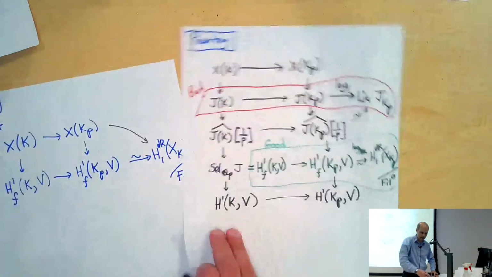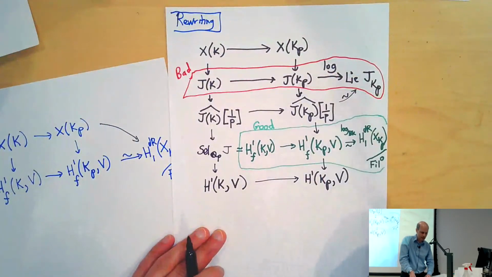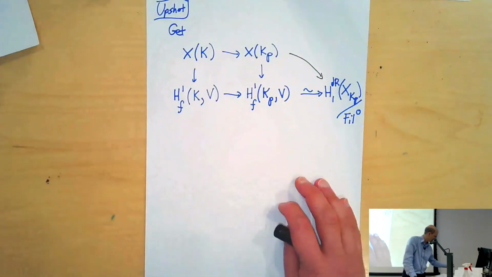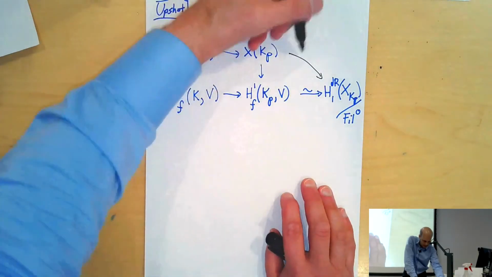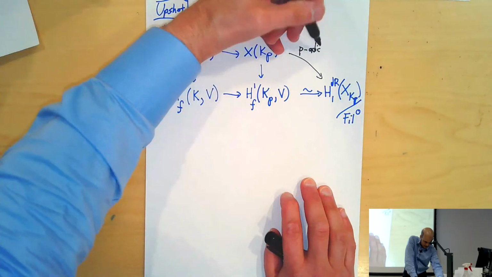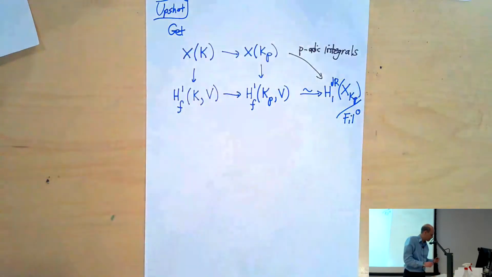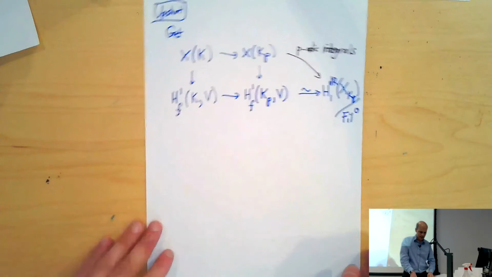Just as this logarithm map was obtained by integrating p-adic 1-forms, this is also going to be some p-adic integration kind of map. So I'll just write p-adic integrals. That's concretely what these maps are. So that's that.